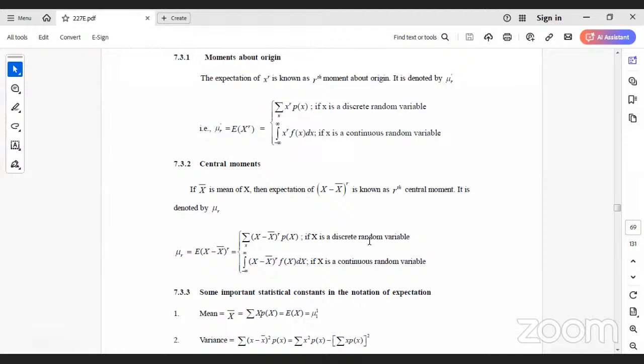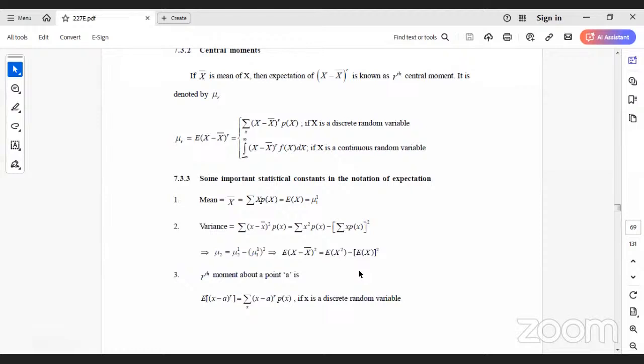That is, we are writing here summation of x minus x bar whole power r P of x if x is a discrete random variable. Integration from minus infinity to infinity of x minus x bar whole power r f of x if x is a continuous random variable we are taking here.